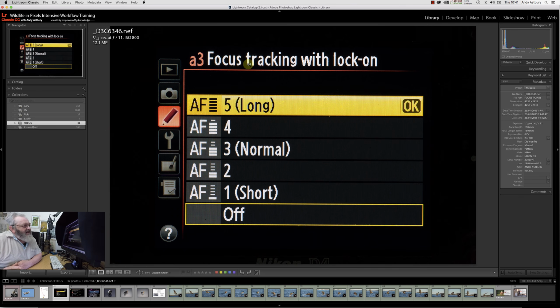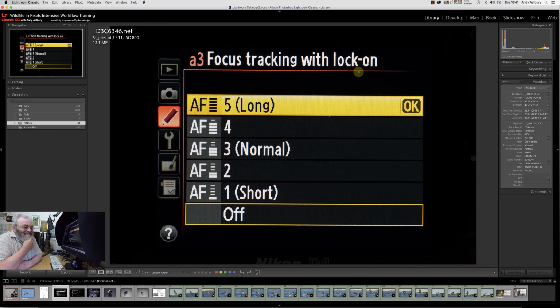Just to come back to the old Multicam 3500 system and the D4, D4S variants, especially more applicable to Jonathan and Jonathan's question. We have this focus tracking with lock-on facility, which, as you can say, could be roughly conceived or construed as the equivalent to Canon's tracking sensitivity.